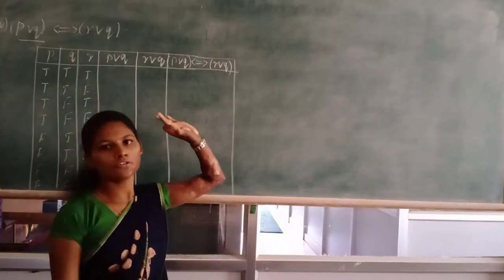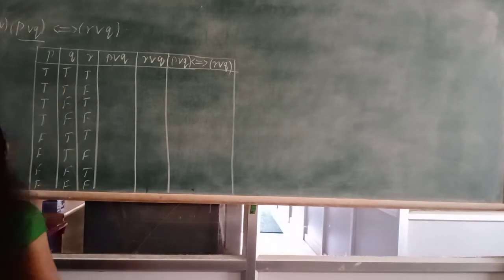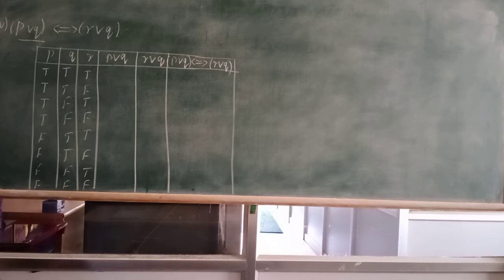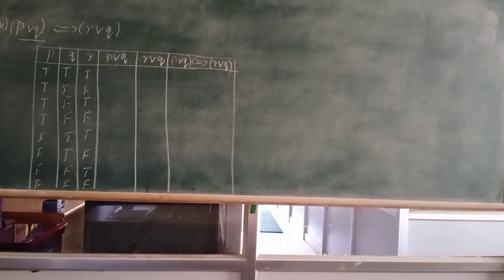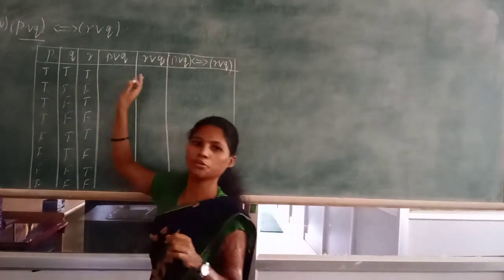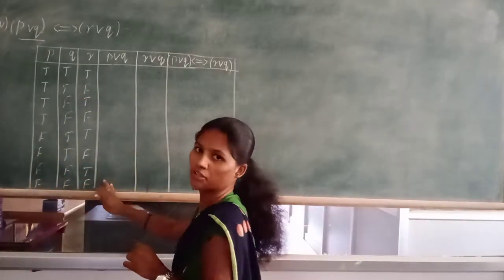In disjunction, if both are false statements, then only it is false, otherwise it is true.